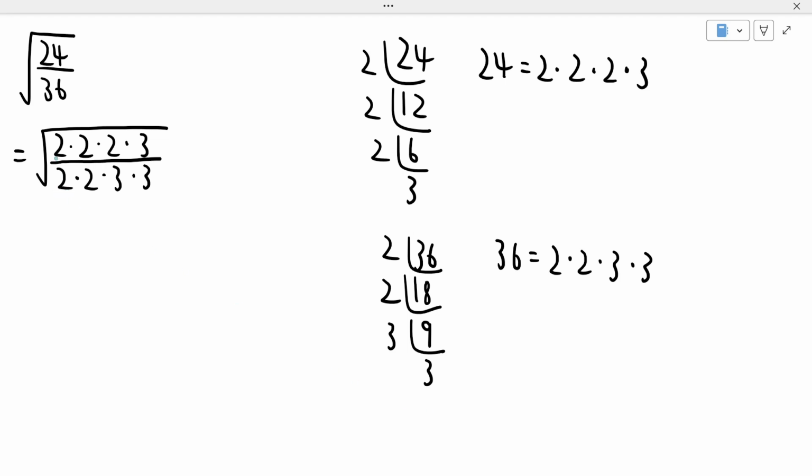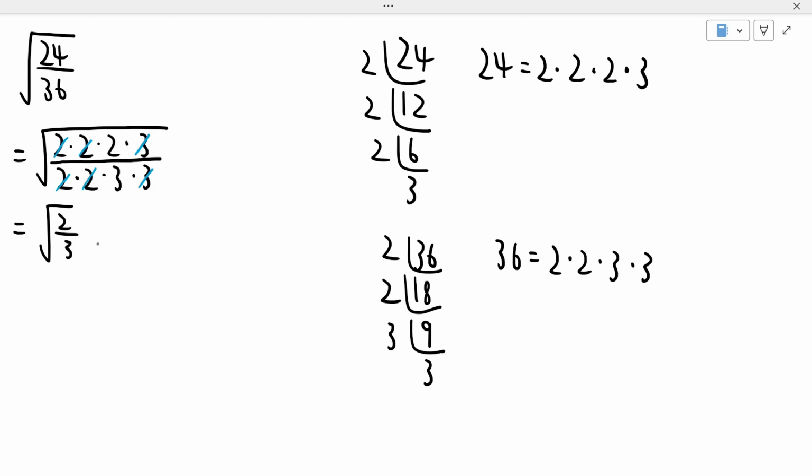So there's a 2 in the numerator, and another 2 in the denominator that we can cancel out, and then there's another pair of 2's that we can cancel out, and then there's a pair of 3's in the numerator and denominator that we can cancel out. So this means we're only left with 2 in the numerator and 3 in the denominator, so the entire fraction is just 2 over 3, so this expression is equal to the square root of 2 over 3.